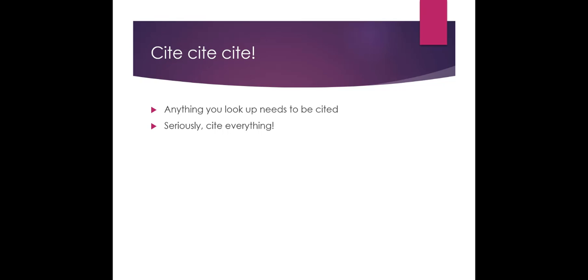This is something that we do all the time. We'll sit in talks, or we'll talk to people one-on-one, or we'll read in a textbook. Like, oh yeah, this is a thing. And then you remember it later on and you put it in a paper that you're writing. You can't assume that everybody has read the exact same thing that you have. You can't assume that they have the exact same thoughts or put the same connections together. You have to lead them down that path again. So cite everything.